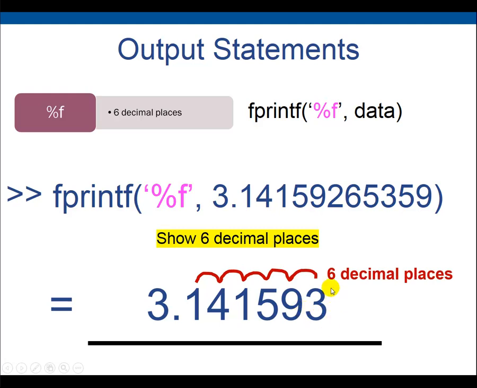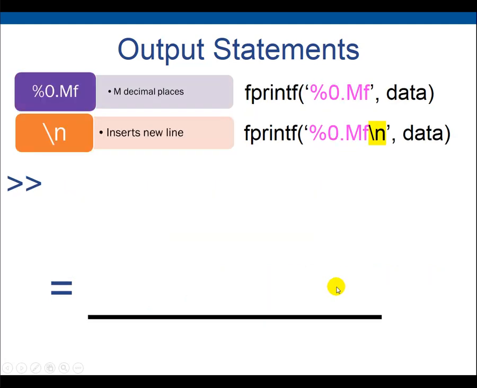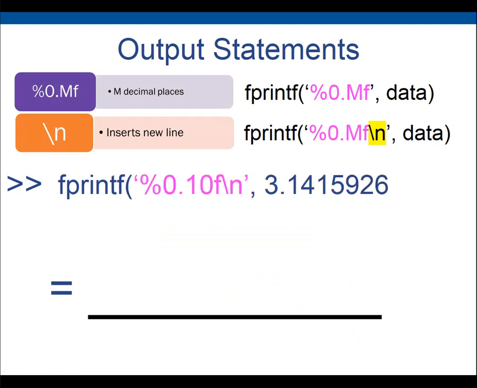And the cursor location, you have to understand this concept. The cursor is located right after the numbers. So here is the cursor. Let's try another one. %0.10f \n, and we have this long list of numbers, which means this fprintf function will show this number with 10 decimal places and change the line.